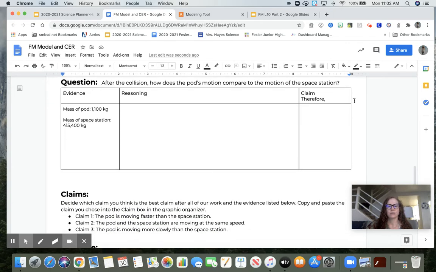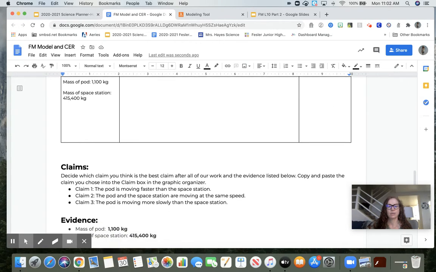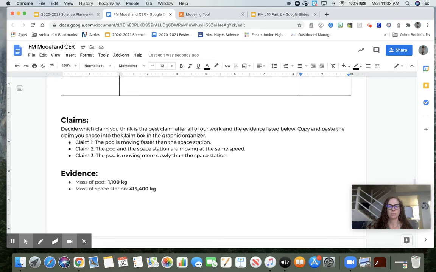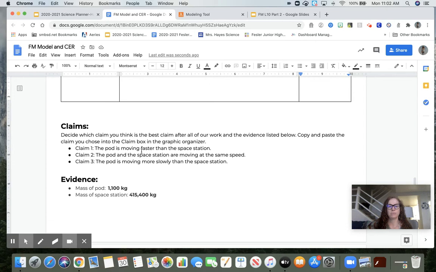All right, so probably the first thing we should look at is our claims. So those are right here. The claims to choose from, decide which claim you think is the best claim after all of our work and the evidence listed below. You're going to copy and paste one of these 3 claims right up here. So your options are claim 1, the pod is moving faster than the space station. Claim 2, the pod and the space station are moving at the same speed.